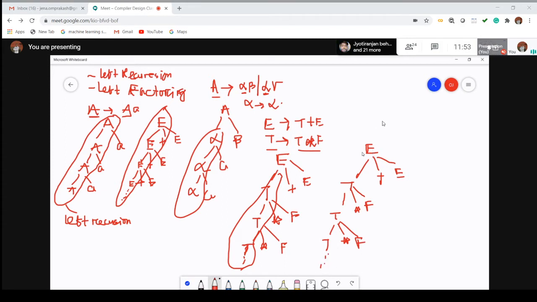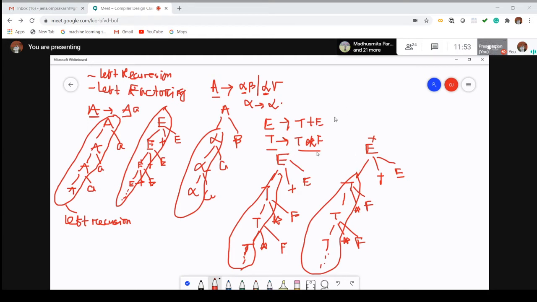But is the start value repeated? No, E is not repeated. The intermediate value is repeated, and that type of problem is called left factoring. If E itself is repeated, then it is called left recursion.